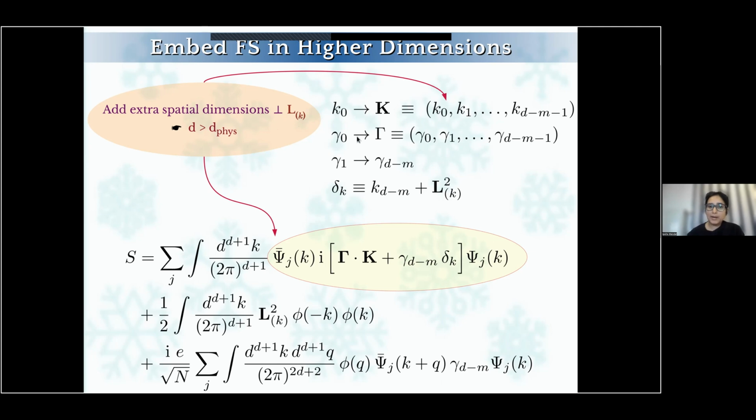And then this gamma 0 matrix is promoted to a vector of gamma matrices. We are also relabeling gamma 1 as gamma D minus M, and delta K is a shorthand notation for this combination. So now our action for the fermions looks like a higher dimensional Dirac fermion. And now we are ready to deal with the dimensional regularization to find the upper critical dimension.